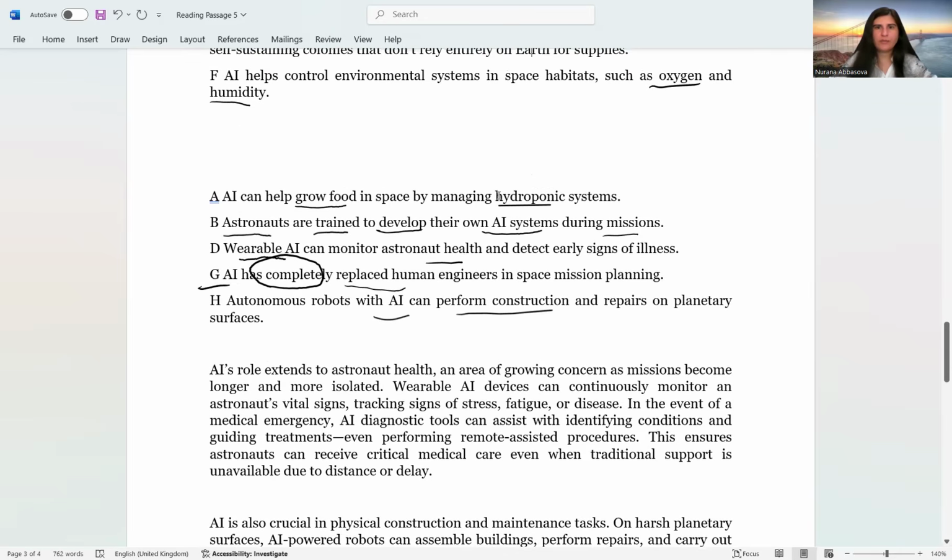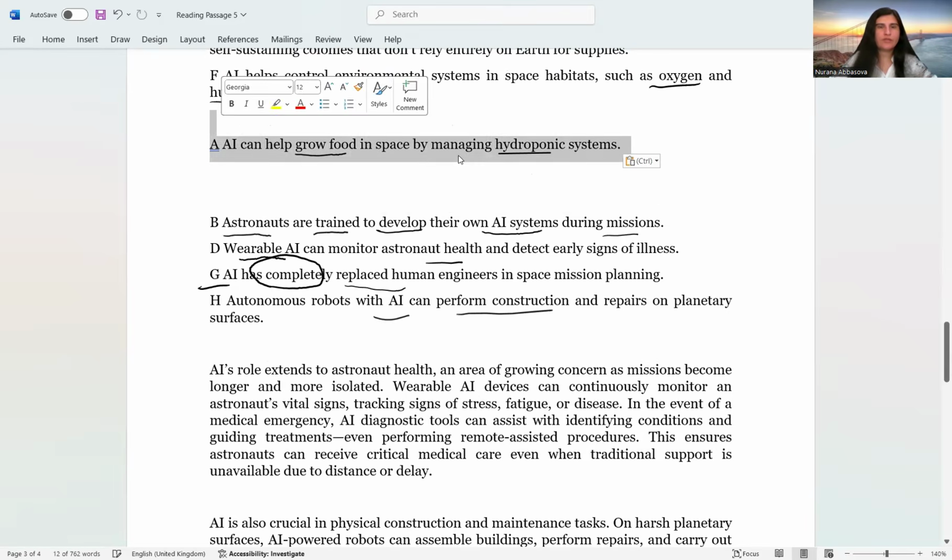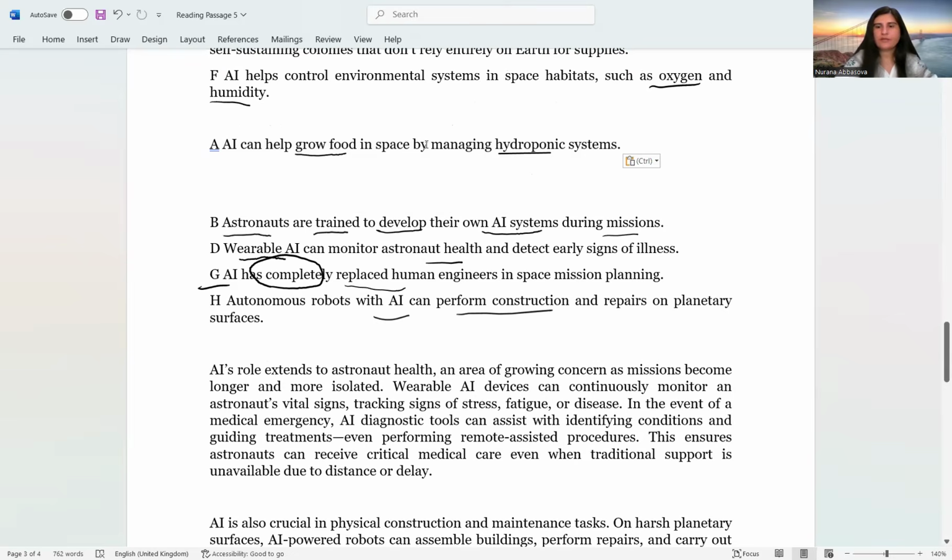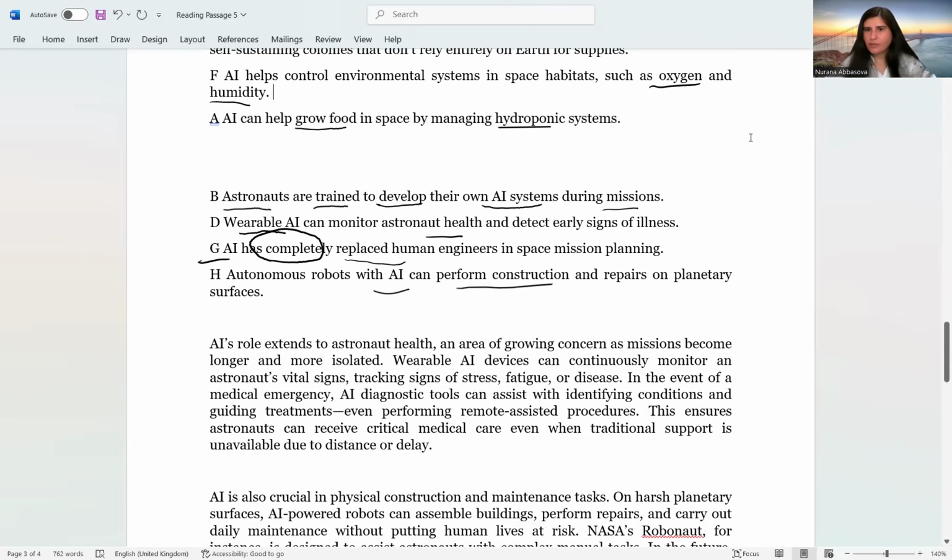And didn't they talk about hydroponic systems? They did talk about growing food, not using earth supplies. Yes. So A is also the correct answer. Yes. How many people said A?